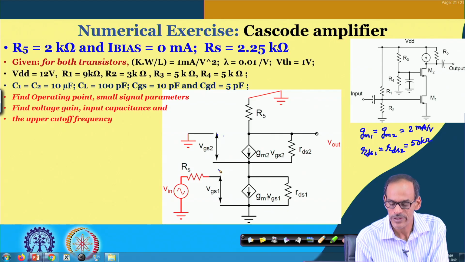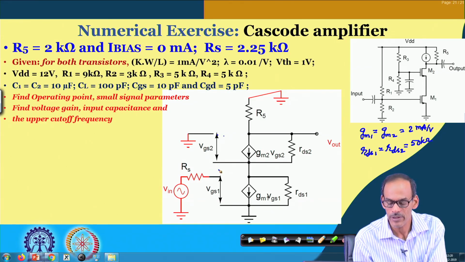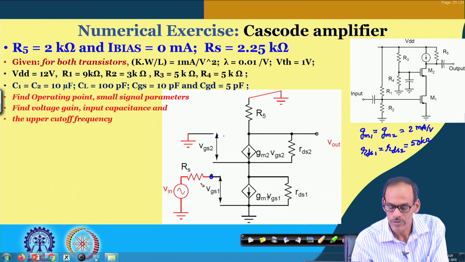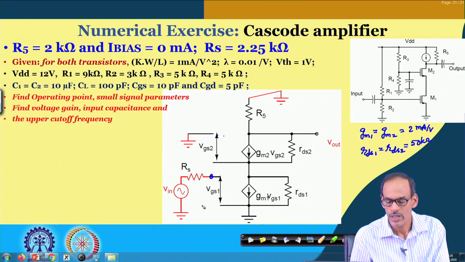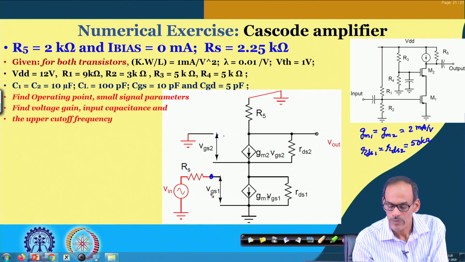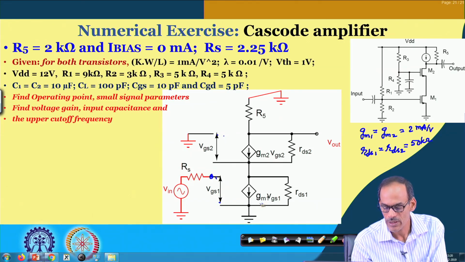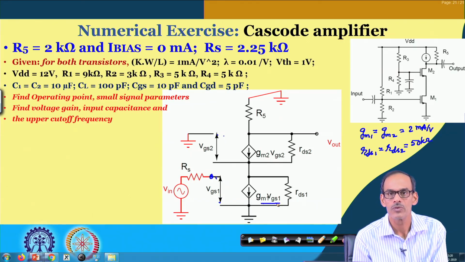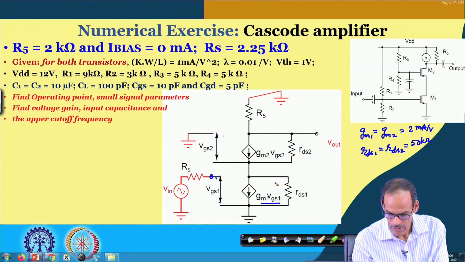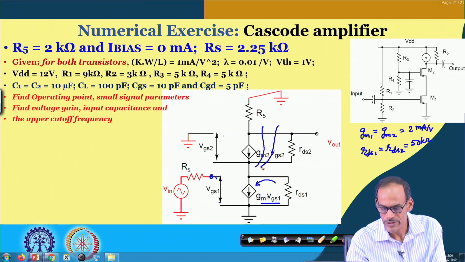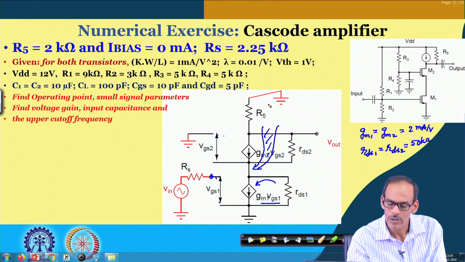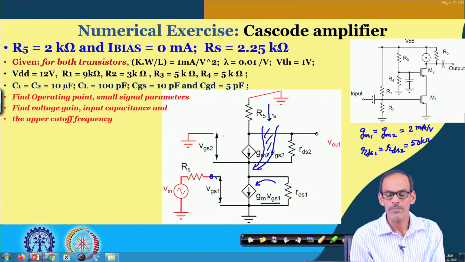So the circuit is simpler, and at this node of course we do have the capacitances. For gain we can ignore that. So if we have say VGS applied here, we have gm1 times VGS1, and part of that current flows through this, and the other part flows through this device, and this current is coming from this R5.